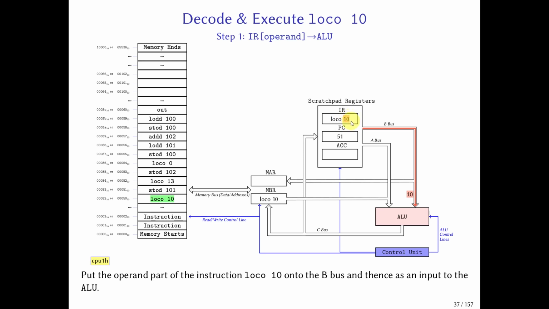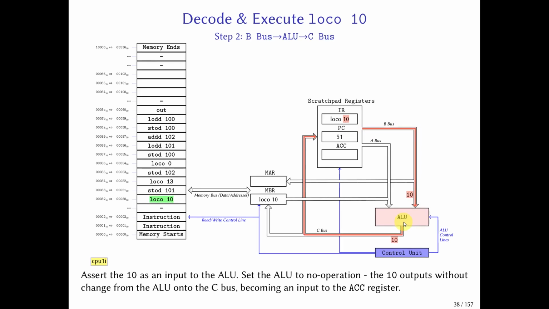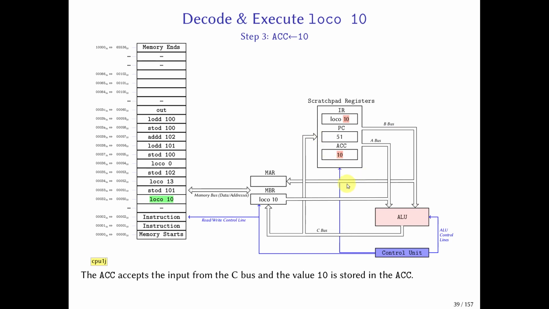So the operand is 10, which is the constant value, and you can see that that travels on the B bus to the ALU and becomes an input to the ALU, and then in the next frame in the animation that 10 travels through the ALU without being changed and travels back via the C bus to become an input to the scratch pad registers. And then finally you can see that the value 10 is copied in to the accumulator. So that's the decoding and executing of one machine code instruction.